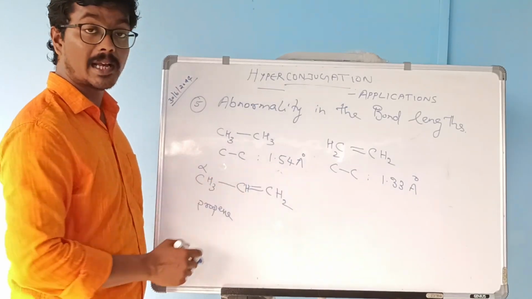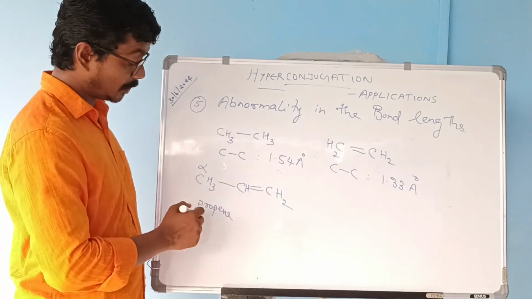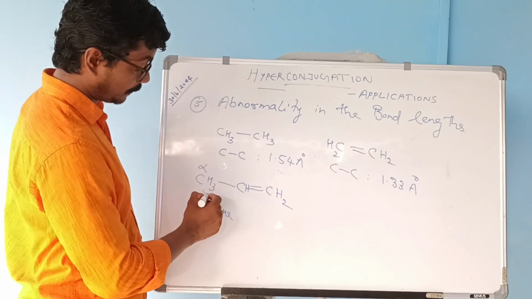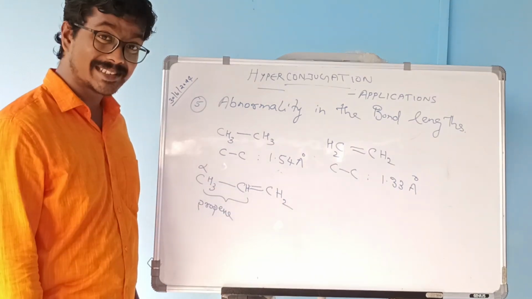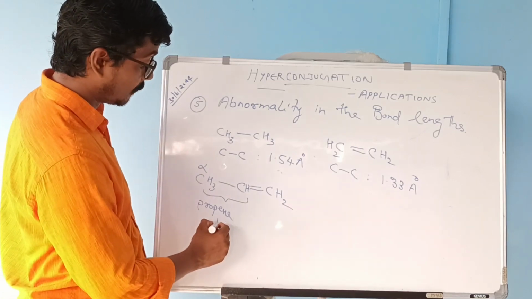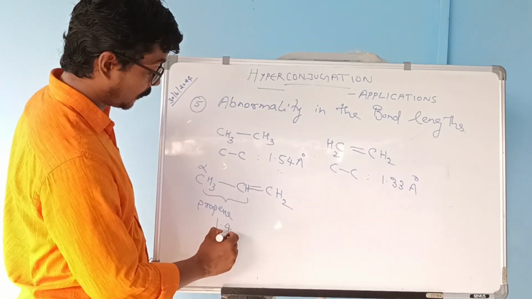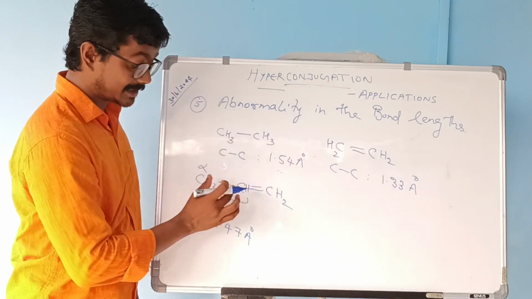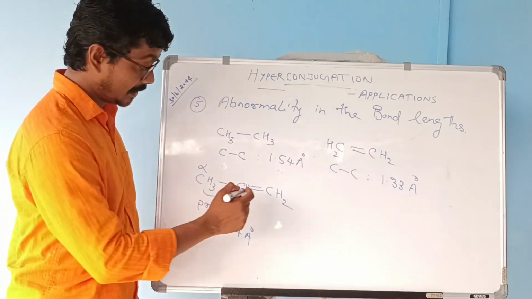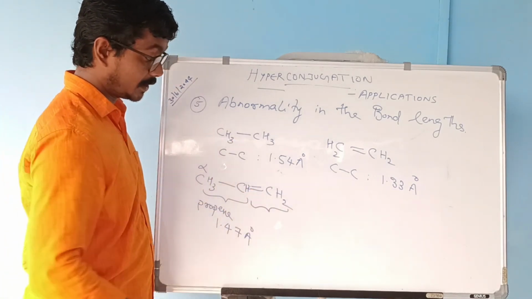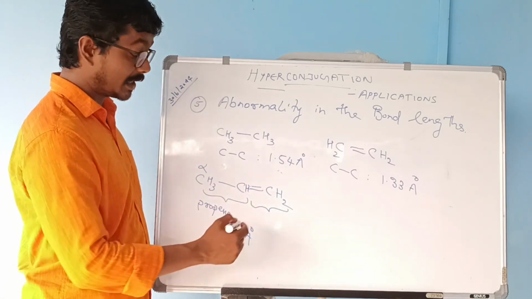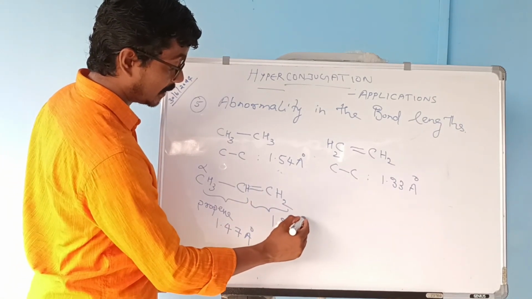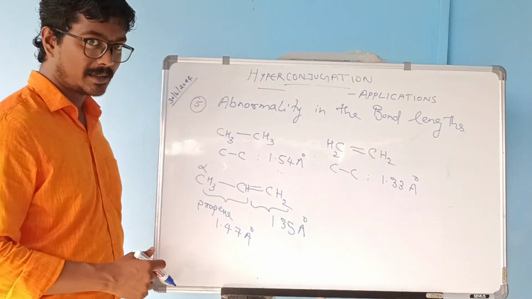Here hyperconjugation is possible. As a result, the carbon-carbon single bond length will become 1.47 angstrom. That is, the carbon-carbon single bond length decreases. And what about the double bond? The carbon-carbon double bond length will become 1.35 angstrom. It increases.